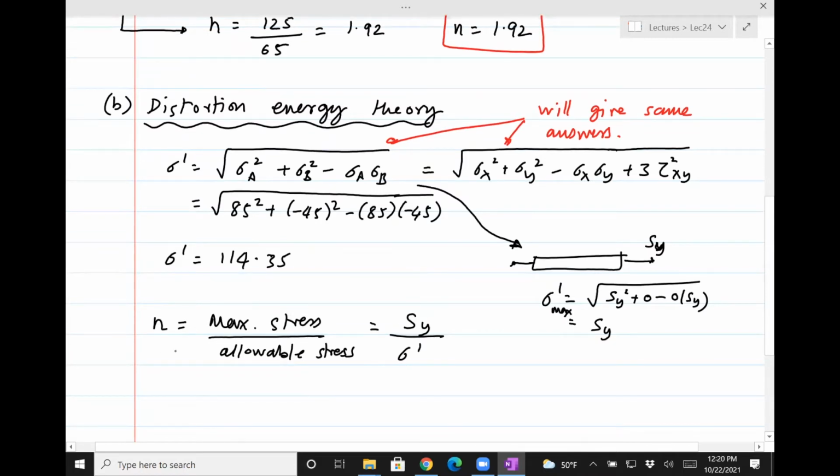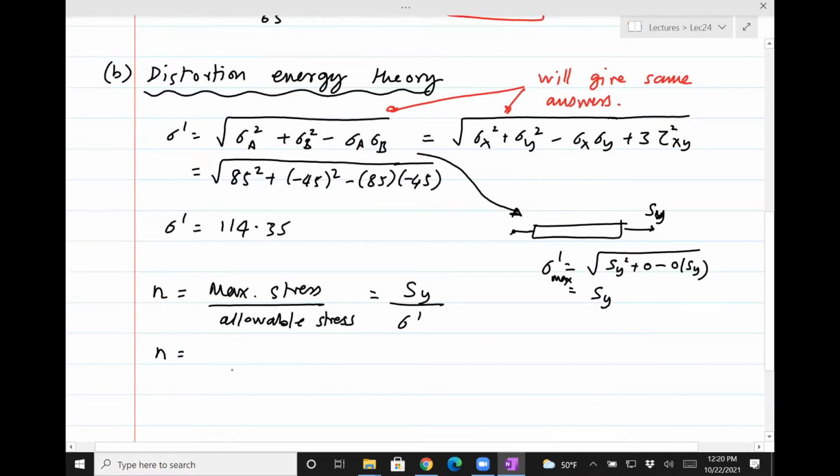So then using this theory, SY is 250, and sigma prime is 114.35. And so N comes out to be 2.18.